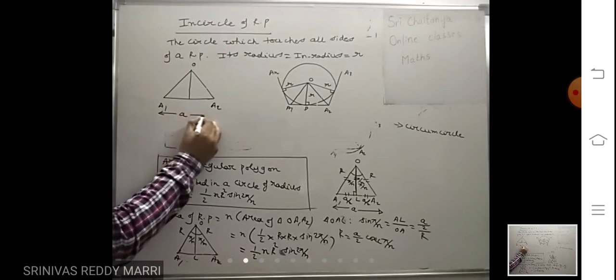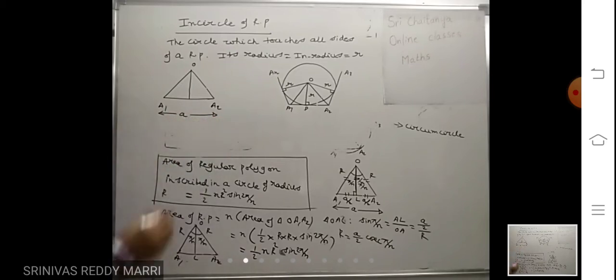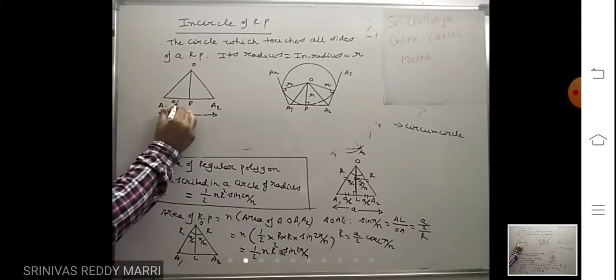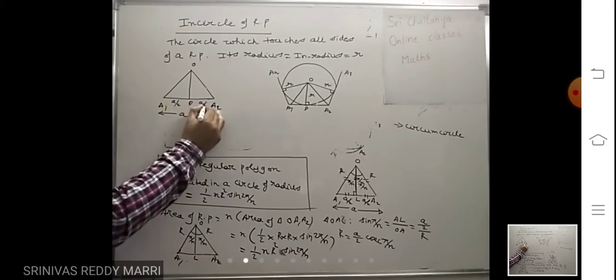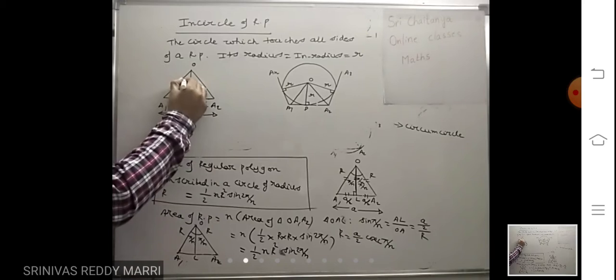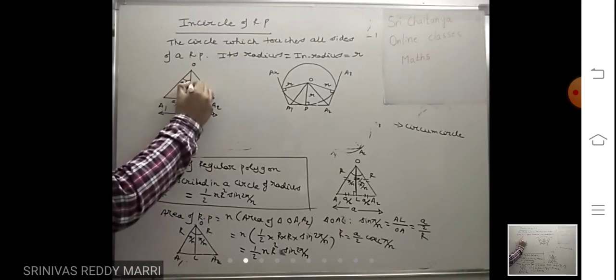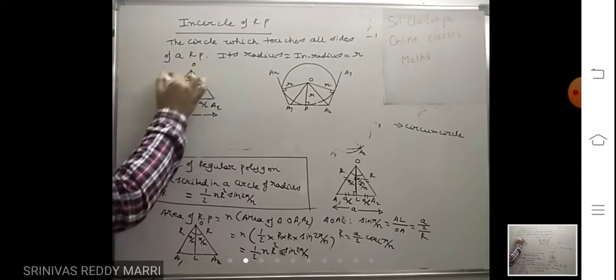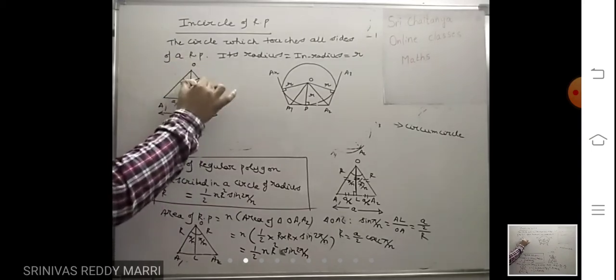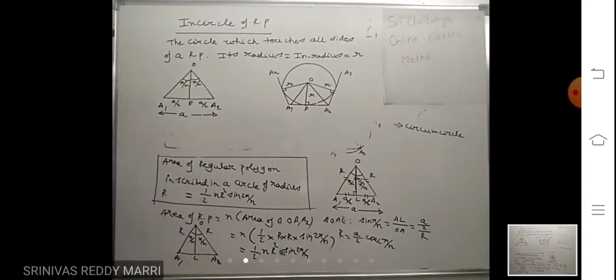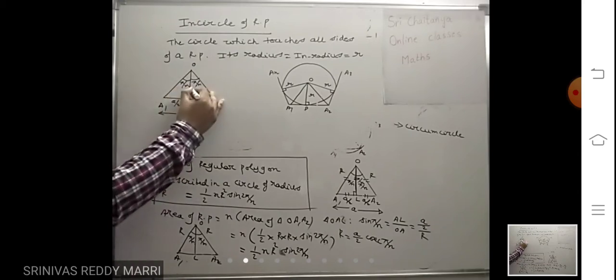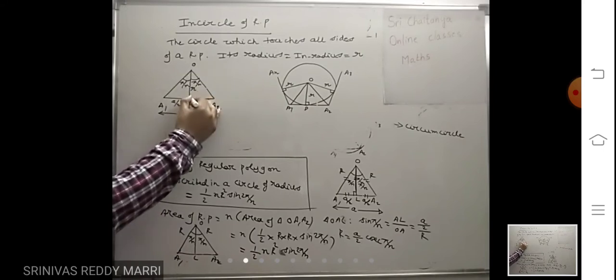Side length is given. Let us say this is D. So this bisects, that means this is a by 2. This is a by 2. This angle is pi by n, the complete angle is 2 pi by n, that means pi by n. This is an isosceles triangle only. The vertical angle bisects the base. So this OD is nothing but the inradius.